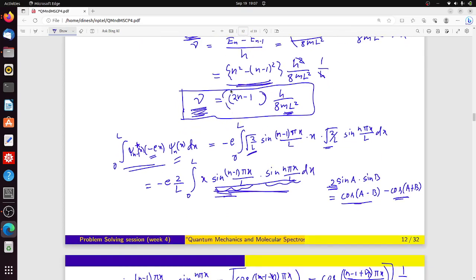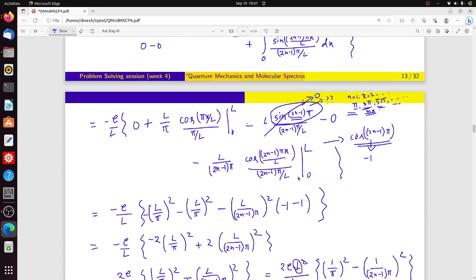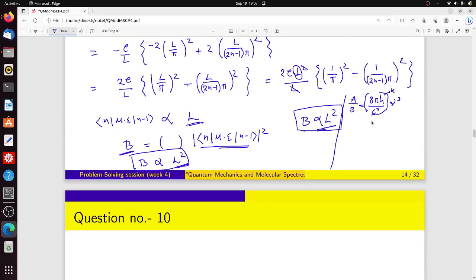So these all are constants, right? I should not bother about them. So nu is proportional to 1 by L square. So this A by B will be proportional to (1 by L square) cube, because nu is proportional to 1 by L square, right? Then this A by B is proportional to 1 by L to the power 6, right?